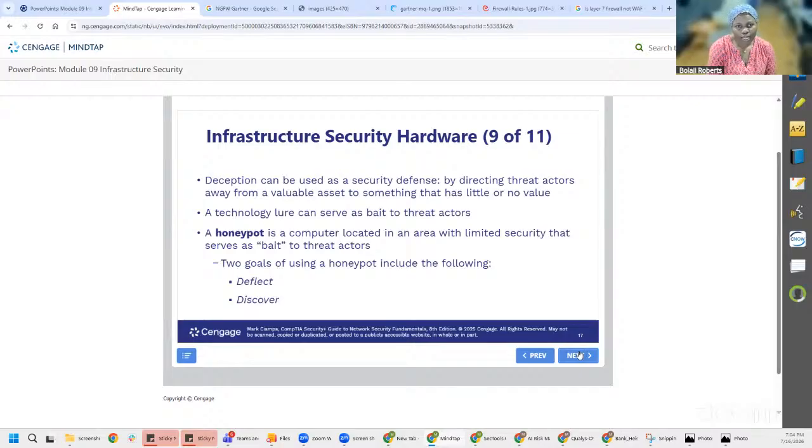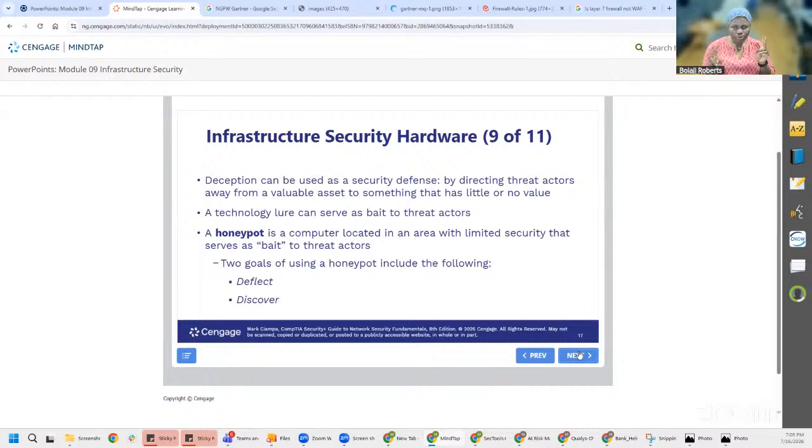So we also have technologies that are used to lure or bait threat actors, and that's why it's called a honeypot. Honeypot has 2 goals: to deflect and discover. So these are servers or systems that are intentionally built to have flaws, so that when the attacker sees this flaw, they think that they have the crown jewel, or something to hold on to or to exploit, while the organization does discovery.